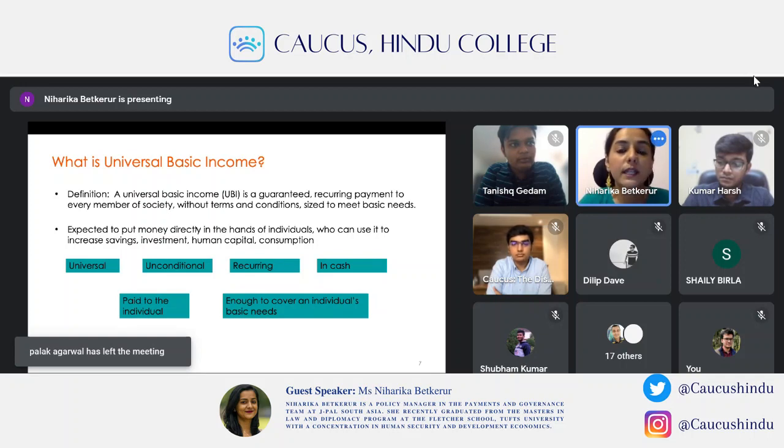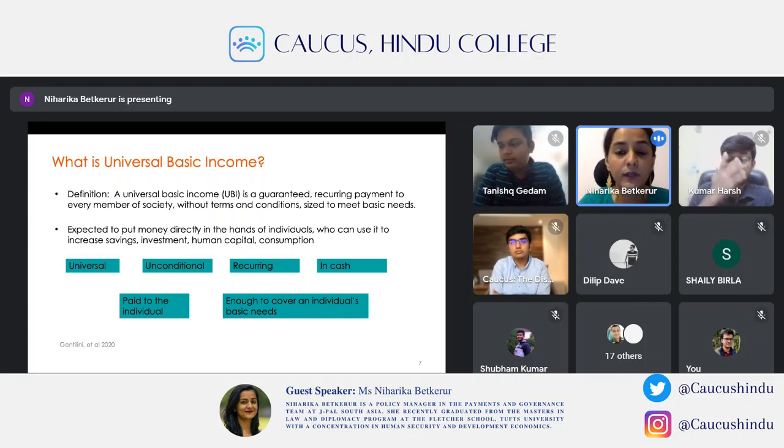So the theory of change here is that money in the hands of individuals can spur demand in the economy more generally, and also lead to better individual developmental outcomes for people.